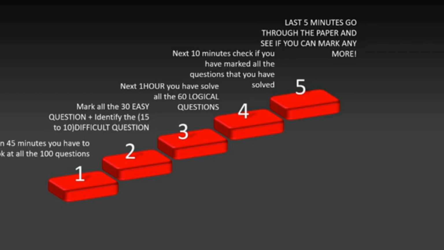But mostly I would mark around 85 to 90 questions. This is the average number of questions I mark, and this is the methodology. If you are able to divide the time period into all these 5 stages, and solve these things accordingly, you will be able to get better scores.